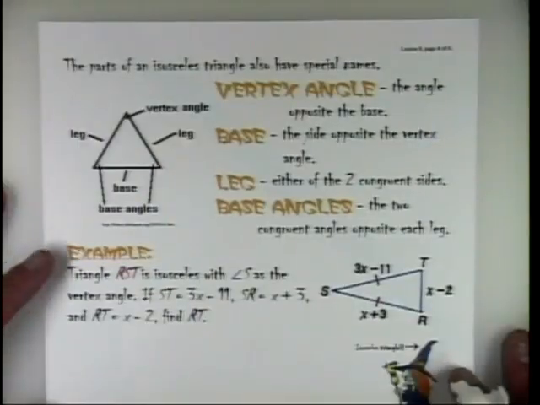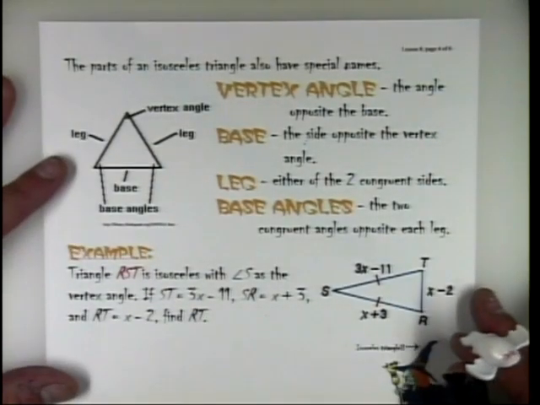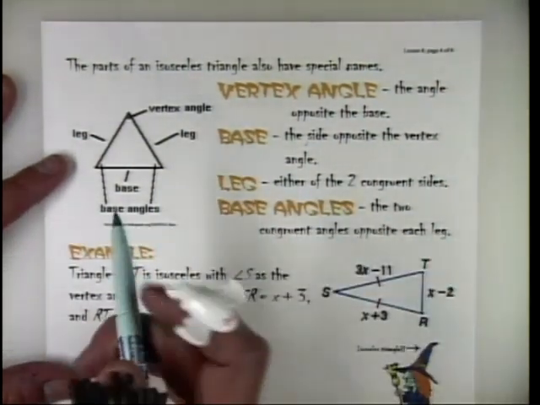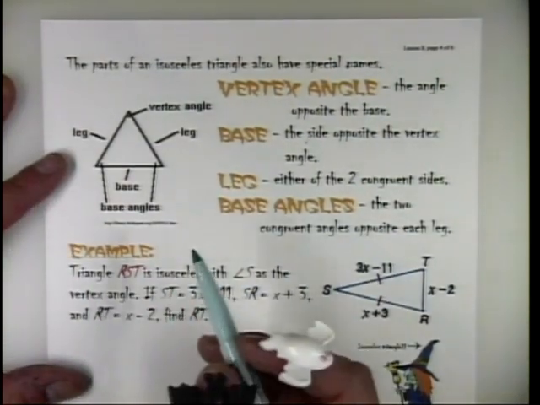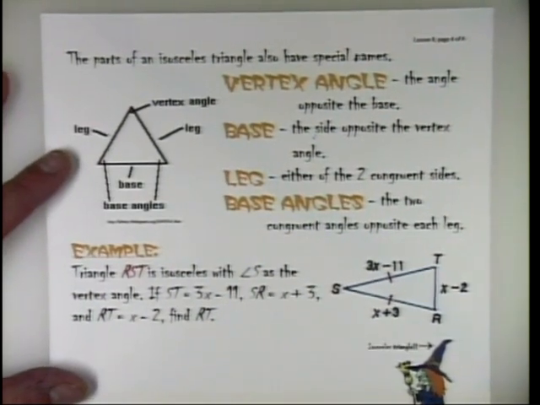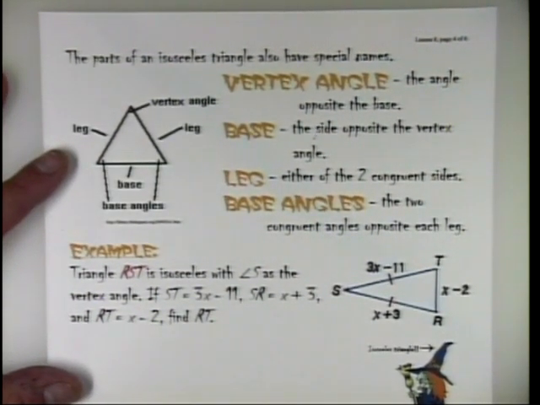Let's do it. Okay, now we're going to look specifically at isosceles triangles here. And I know you've thought we've classified enough about triangles, but now we're going to talk about the special parts of an isosceles triangle. And this diagram here will help us see what we're talking about. All right, we have something called the vertex angle.